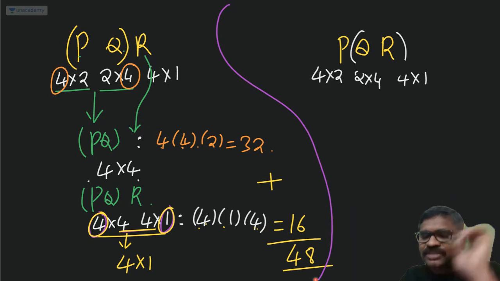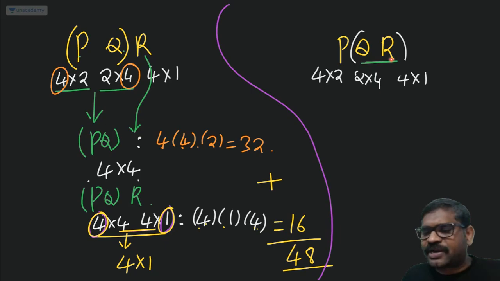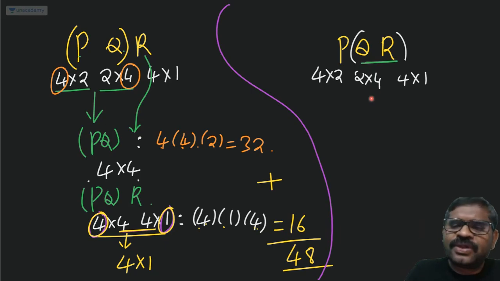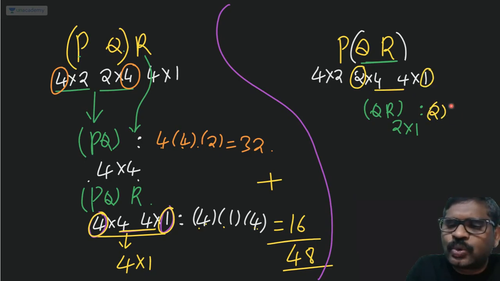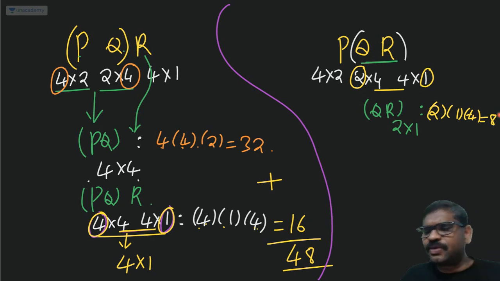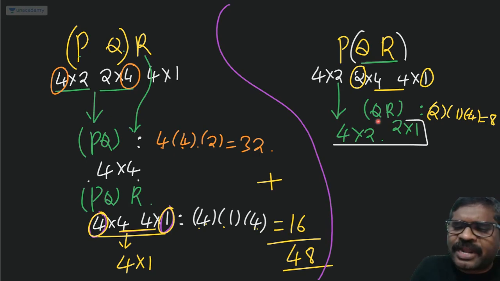Now another student multiplied first Q with R. Observe, to get QR of order 2 cross 1, how many multiplications did the student apply? mpn. 2 into 1 into 4, 8. Okay. Now later he multiplied with P. P is 4 cross 2. 4 cross 2 multiplied with 2 cross 1.